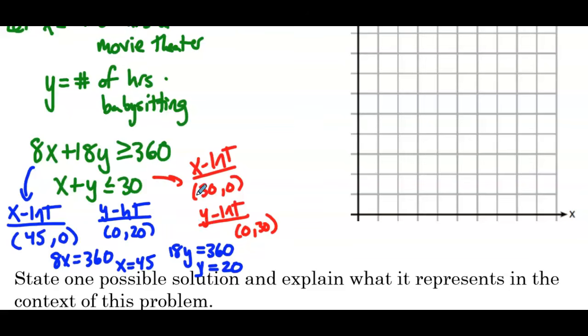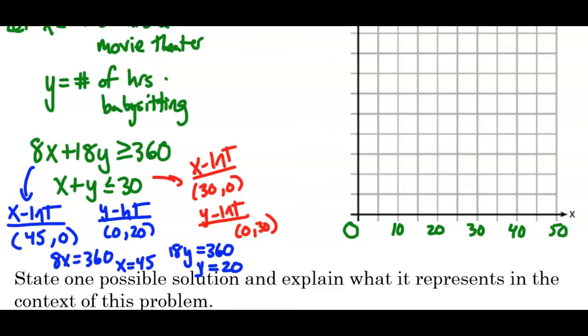So we need a scale that's going to fit 30, 20, and 45 if possible. If we scale by 5s on the x-axis, 5, then 10, 20, 30, 40, and 50, that would work nicely.